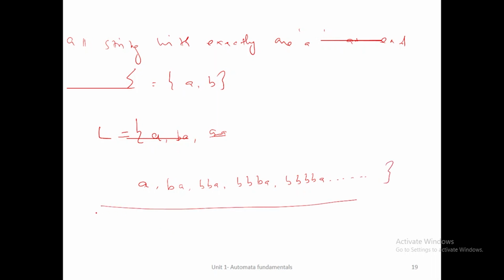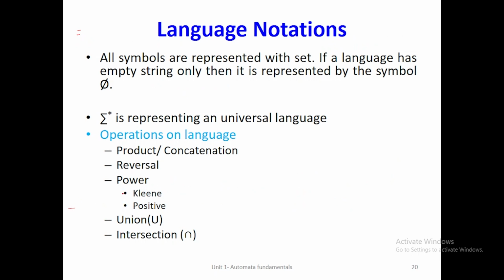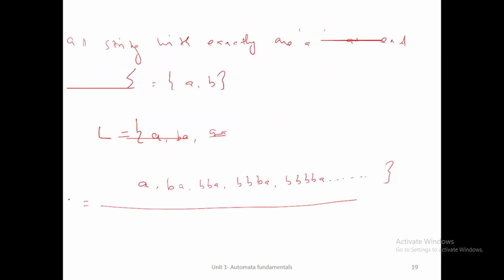This is the language L. In this set of strings, we can write it in a generalized form. L is equal to B power n followed by A, where n is greater than or equal to 0.